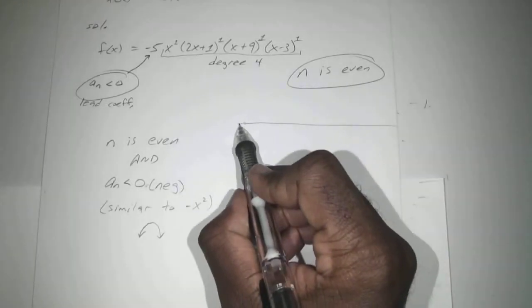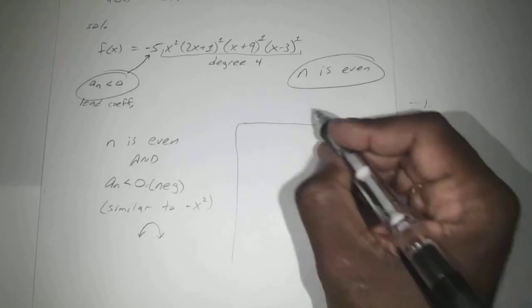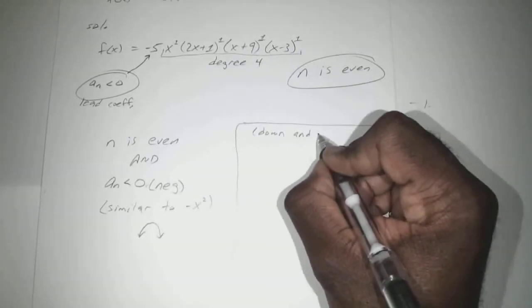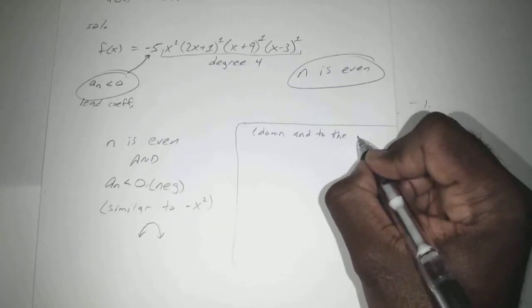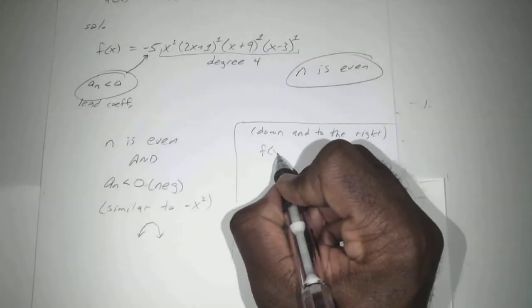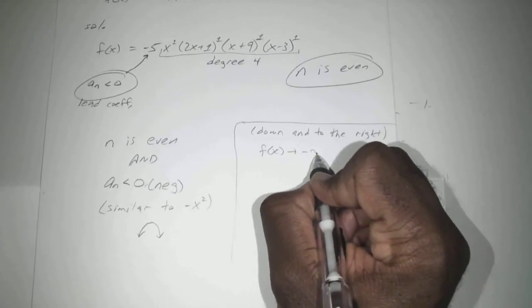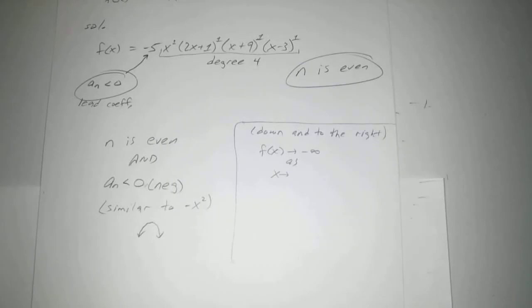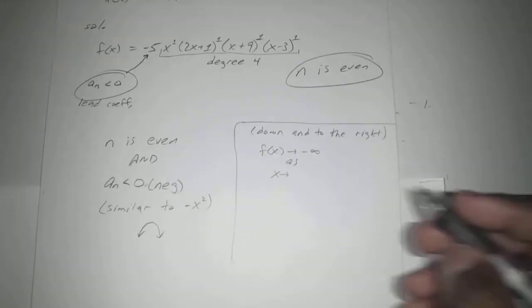So you know it goes down to the right and down to the left. That's just saying f of x approaches negative infinity as x approaches negative infinity. I mean, down and to the right as x approaches infinity.